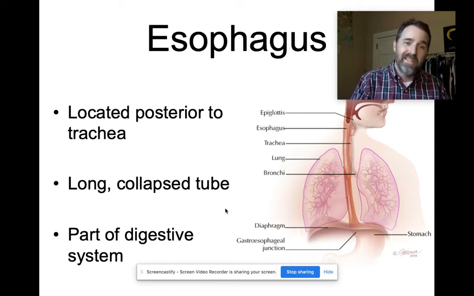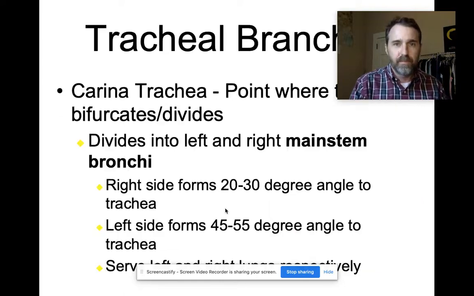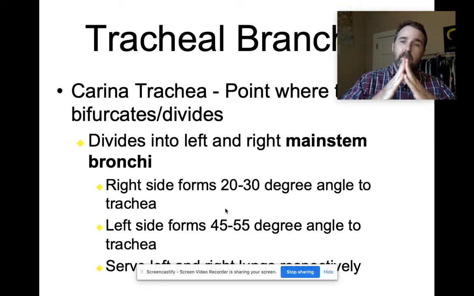So the esophagus is a collapsed tube and it is behind the trachea. The point at which the trachea divides, or bifurcates, into the primary bronchi is called the carina.